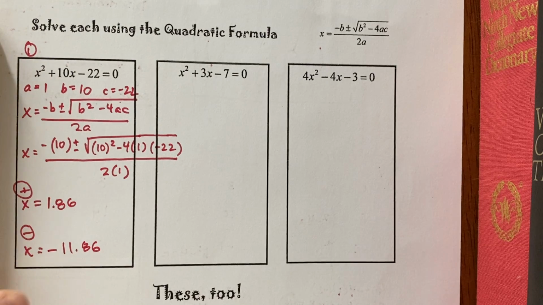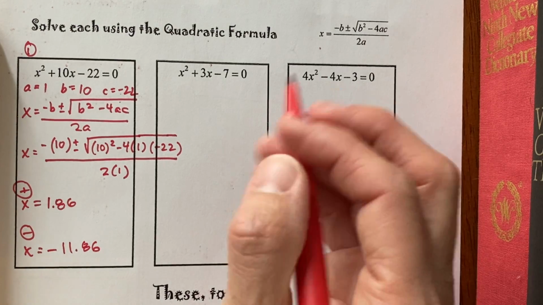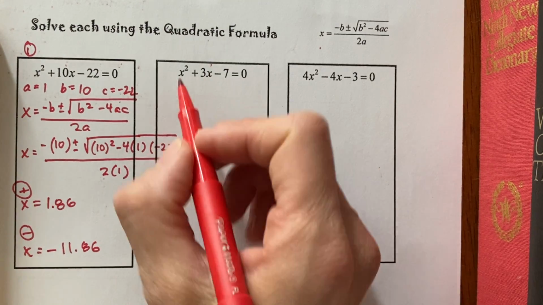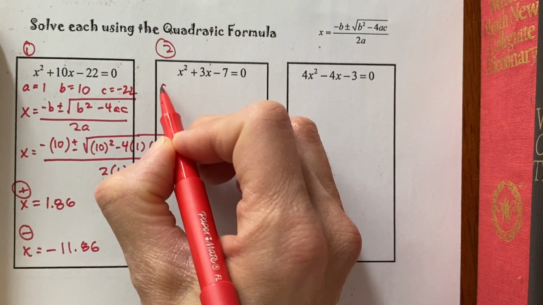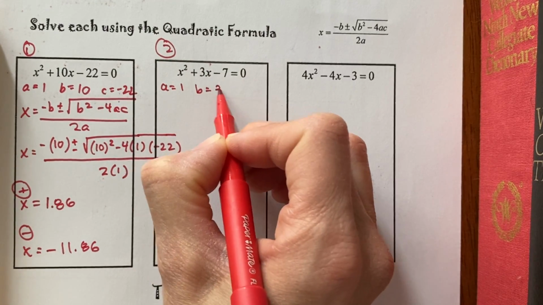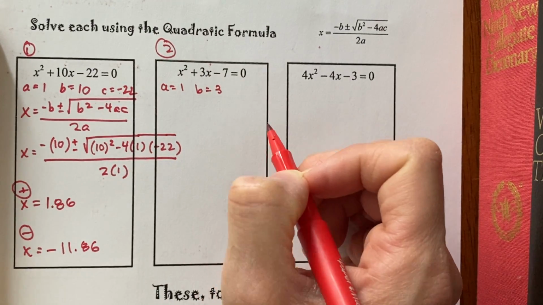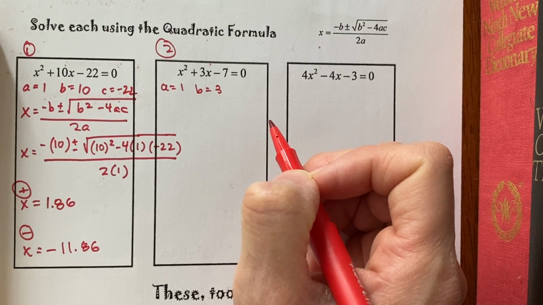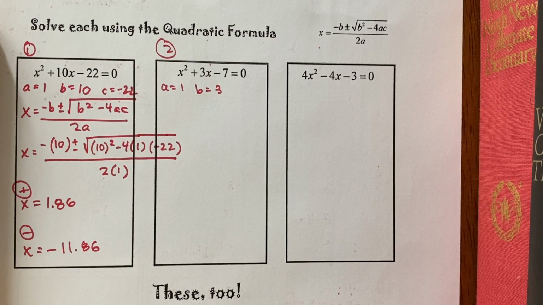All right. I want to do the second one too, because I know how it's going to turn out. So let's take a look at this one here. So I have A is 1, B is 3. Shoot, no, it's not going to turn out that way. I want to find one that was going to have a no solution.